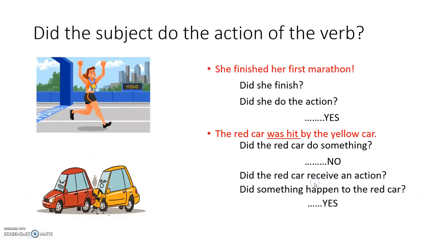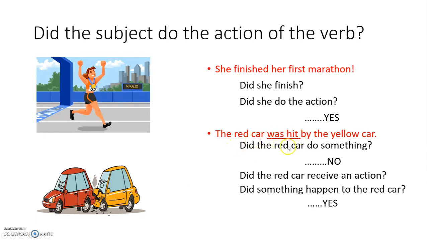Keep thinking about the subject. And this question, did the subject do the action of the verb? So, first example, she finished her first marathon. Yay. Is this a passive verb? No. Did the subject do the action? Yes. This is an active verb. At the bottom, now we have passive. Was hit. Why is this one passive?